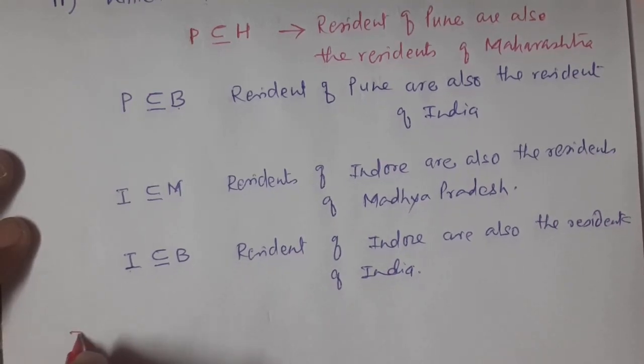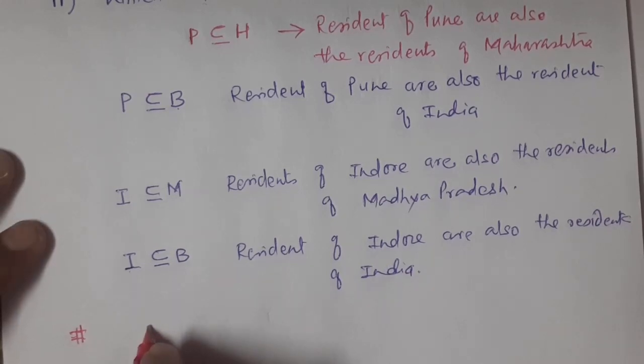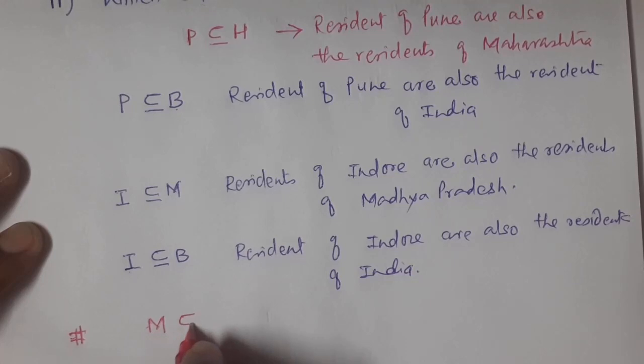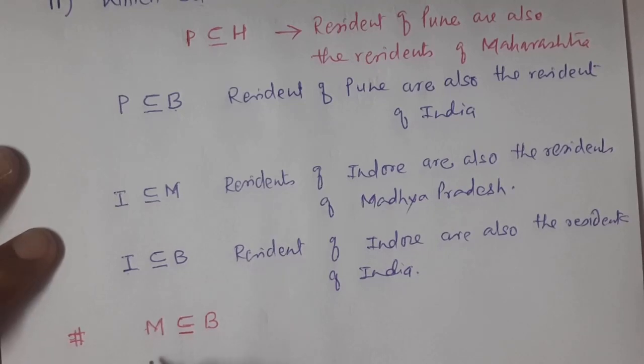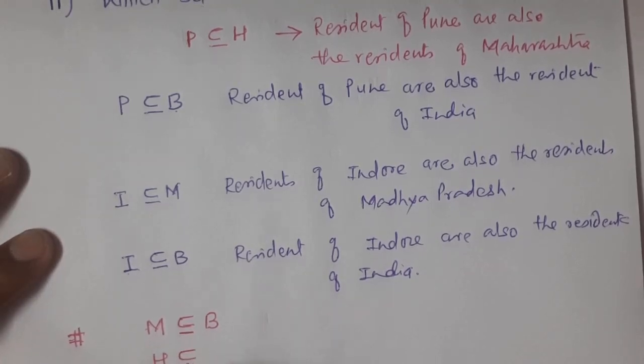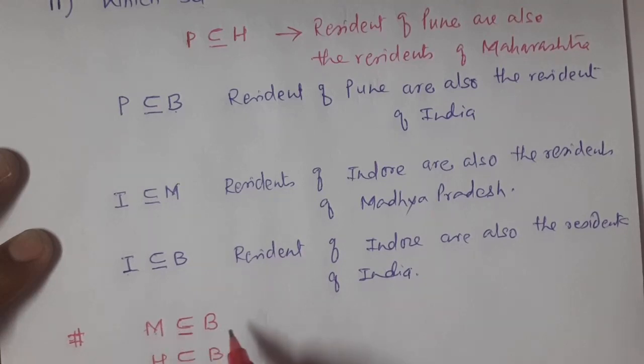That means Madhya Pradesh is a subset of India and Maharashtra is a subset of India.